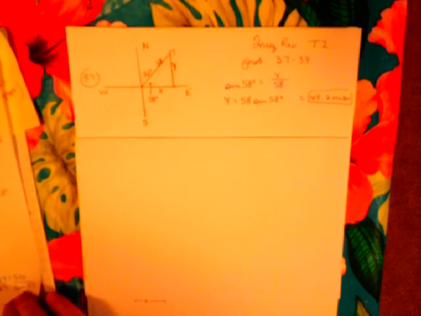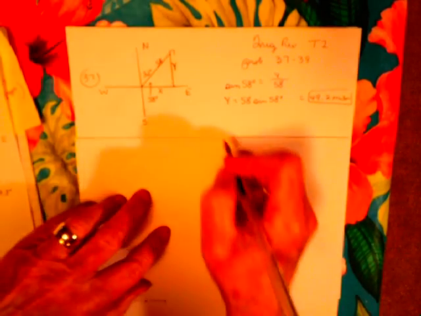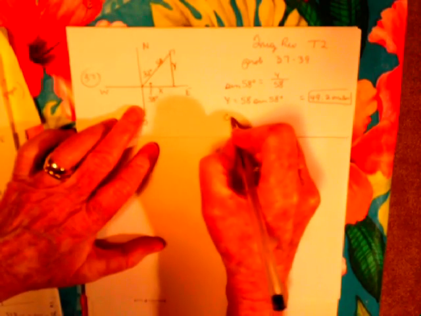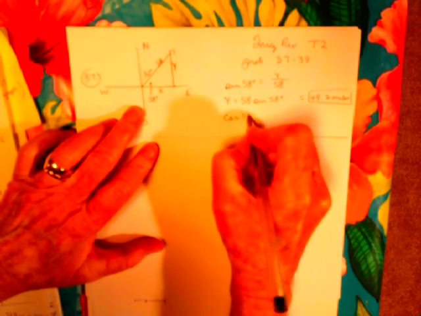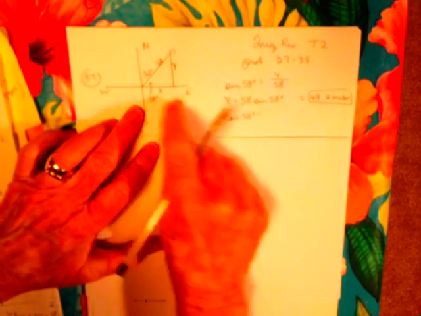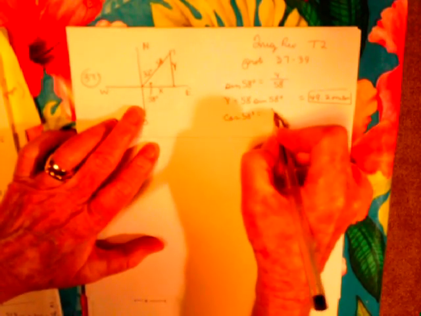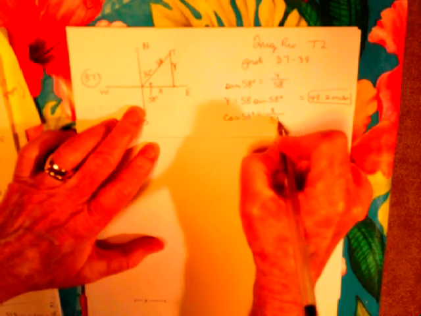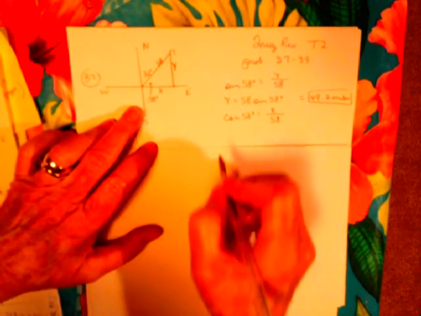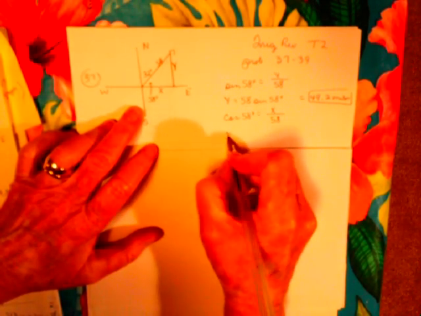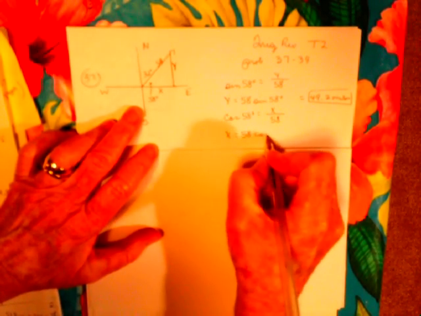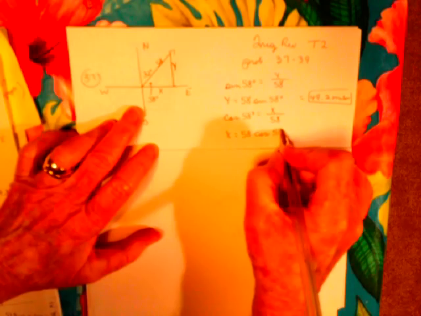To find out how far east this boat traveled, I'm going to use cosine of 58 degrees equals the adjacent side, which we've labeled x, over the hypotenuse, which is 58. X equals 58 cosine 58 degrees.